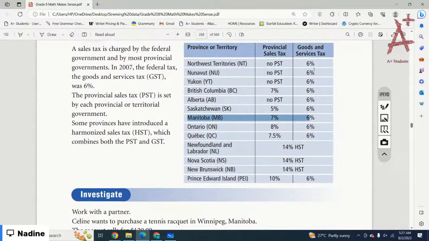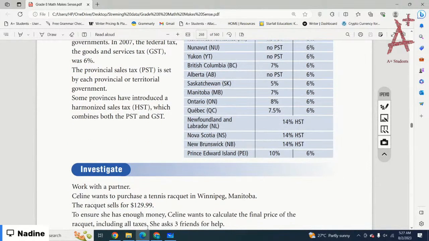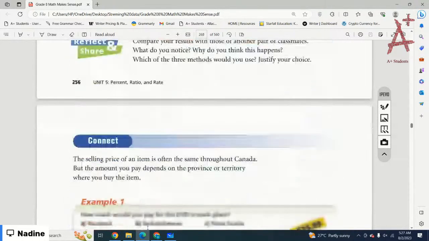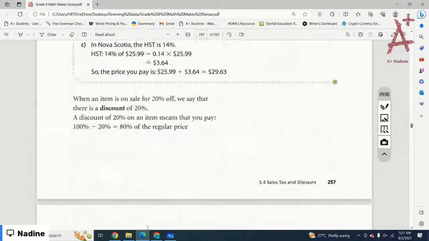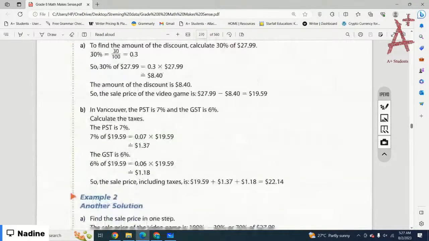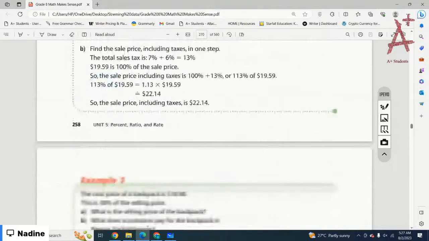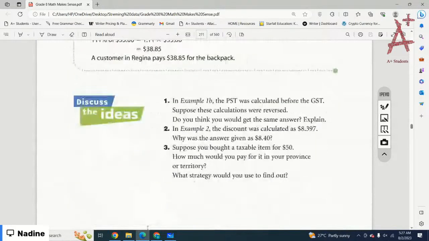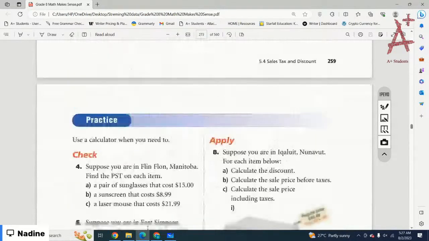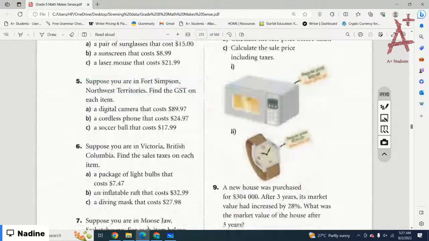Here it is, and GST is 6%, right? So in Northwest Territories, the GST is 6%. Let's calculate 6% GST on all the items in ABC, right?